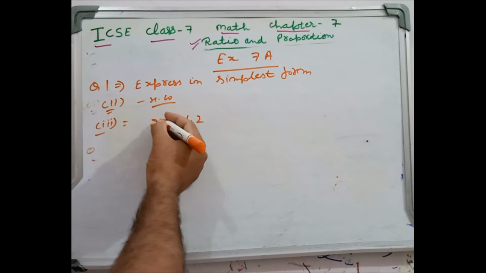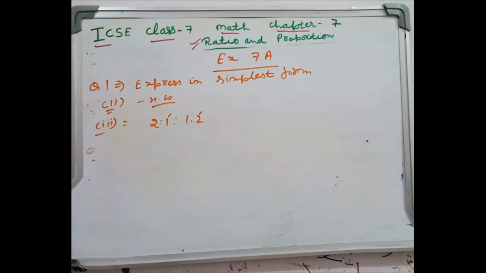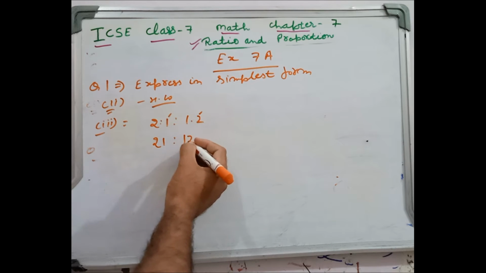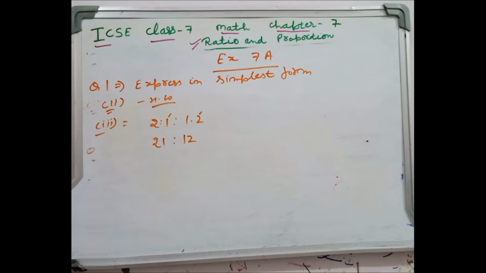So here is one decimal place, one decimal place. You can simply write it as 21 ratio 12. If decimal places are the same, you can write as it is.